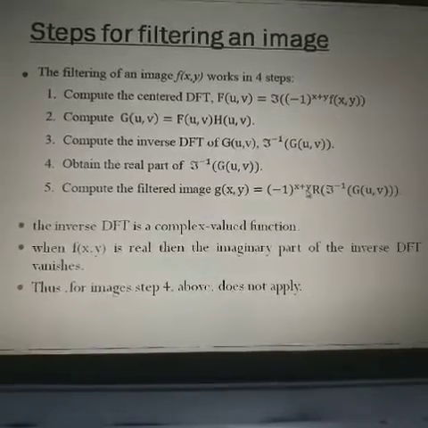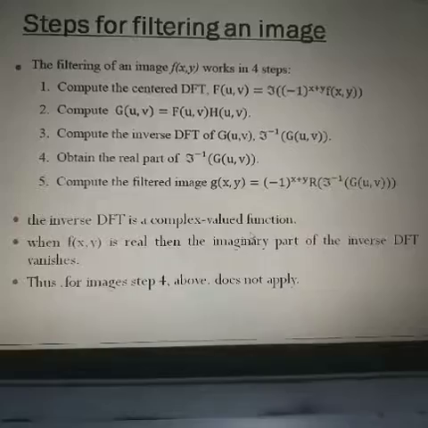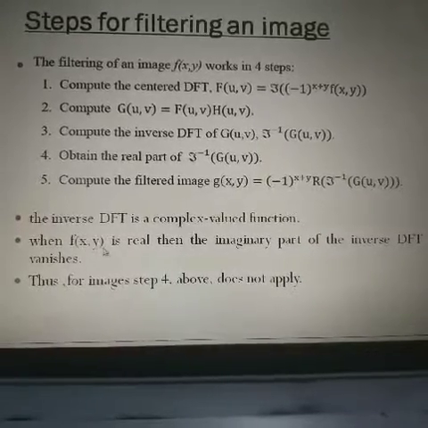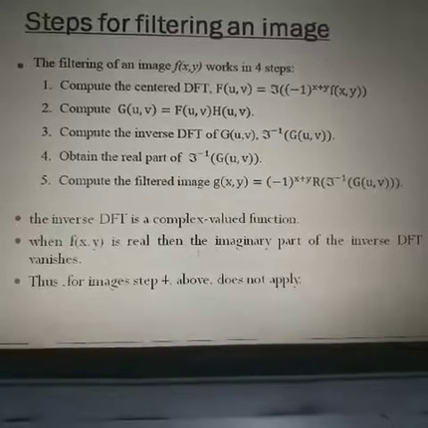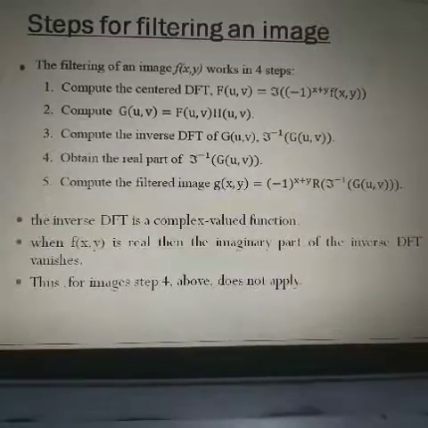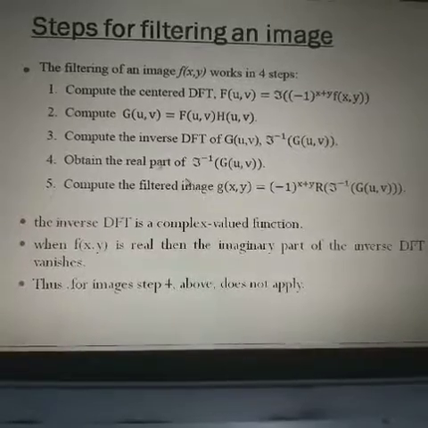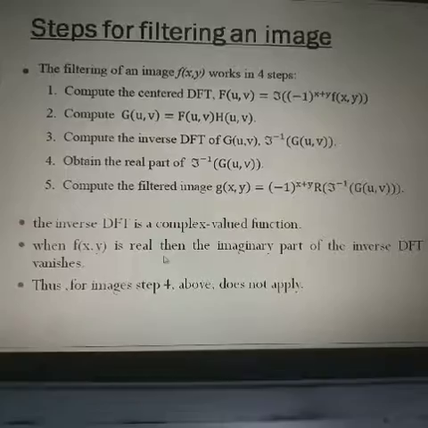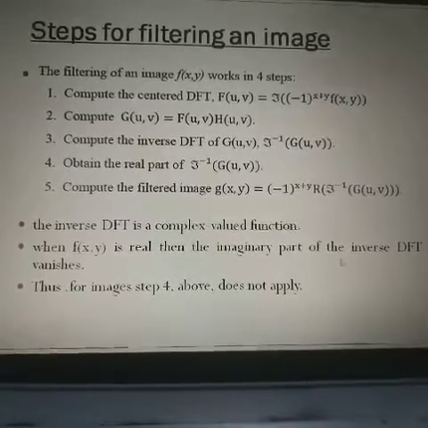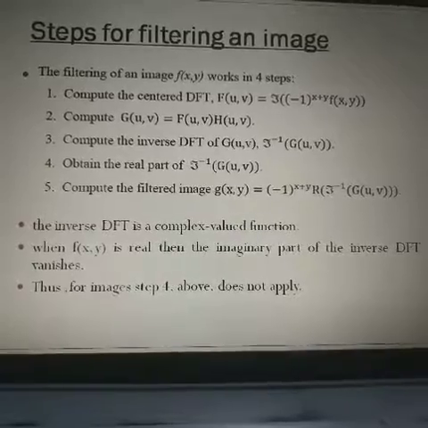So we see here that the inverse DFT is a complex valued function. When f(x, y), the digital image, is real, then the imaginary part of the inverse DFT vanishes. Clear? Why have we taken the real part here? When the image is real, then the imaginary part of the inverse DFT vanishes, it gets eliminated.